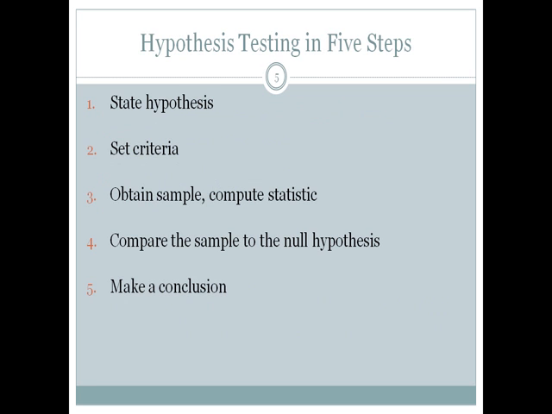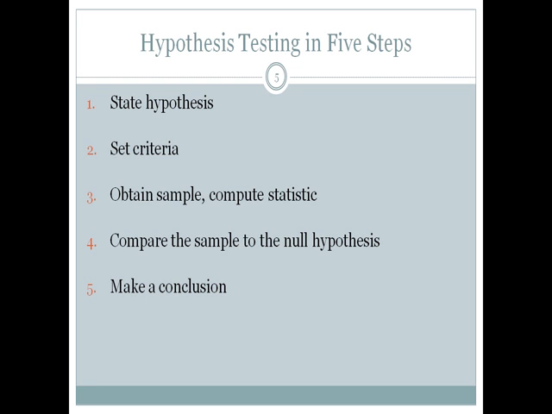Step 1 is always state the hypothesis. There's a specific form for hypotheses for every inferential test that we'll be going over. Step 2 is set the criteria for what you would consider a proof of the hypothesis. So proof is a bad word, I shouldn't use it.